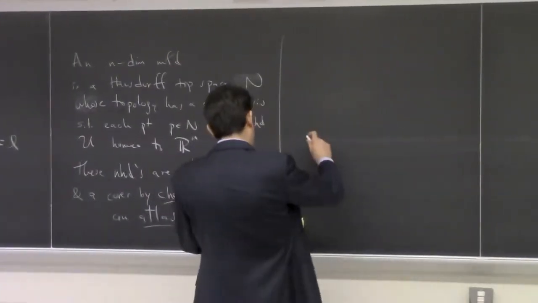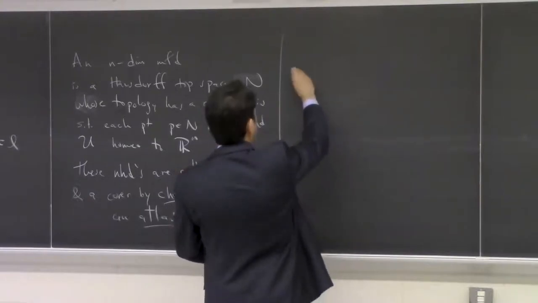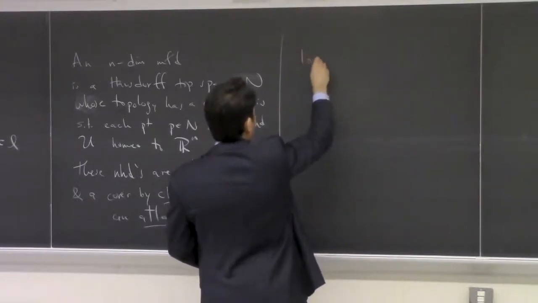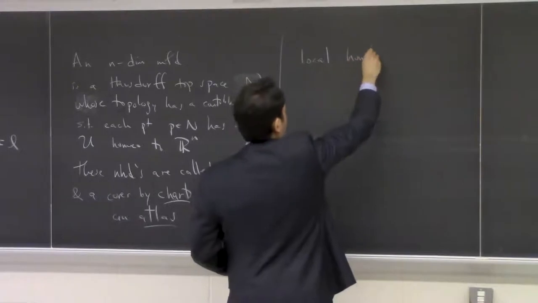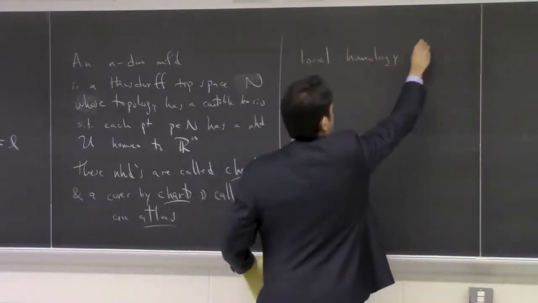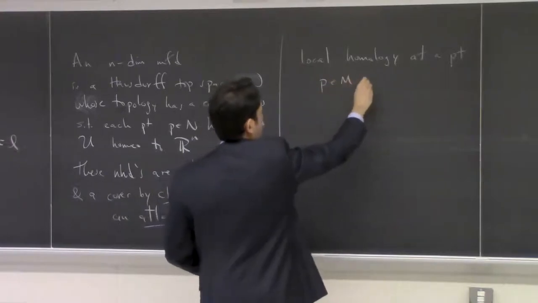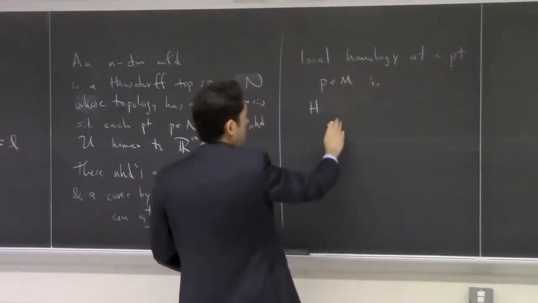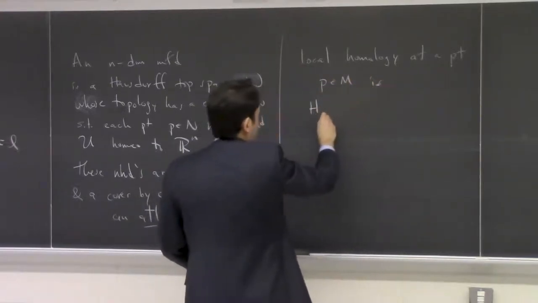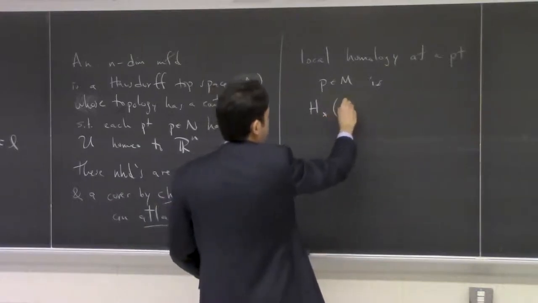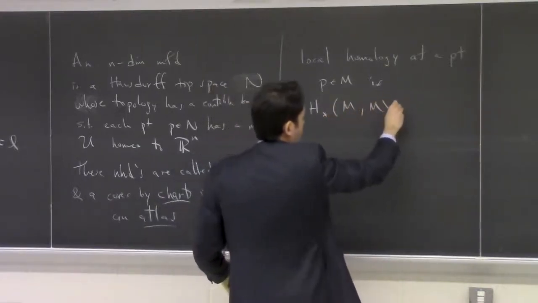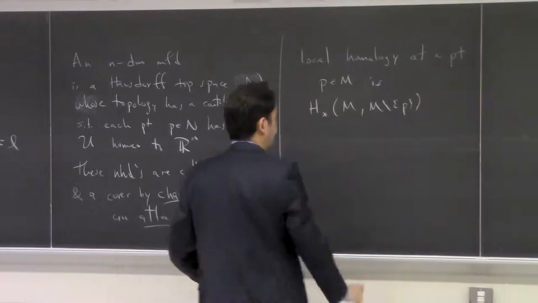So that's what a manifold is. And so we defined the local homology at a point is the homology of M relative to M minus the point.